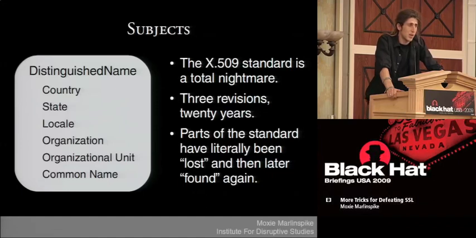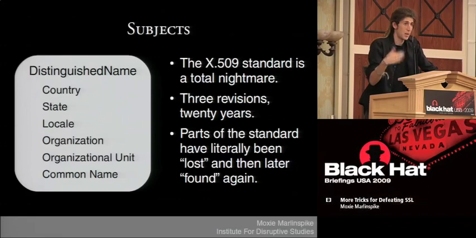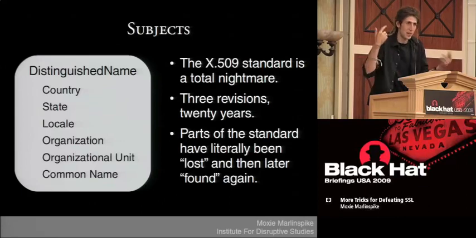I'm not kidding. When I think it was the 1988 standard was being updated to the 1991 standard, whoever was just cutting and pasting the stuff over forgot to cut part of the standard over and paste it in to the new thing. And then they published that as the standard. And then people implemented the standard based on the thing that was left out. And then later they figured out, oh, we forgot that part of the standard.